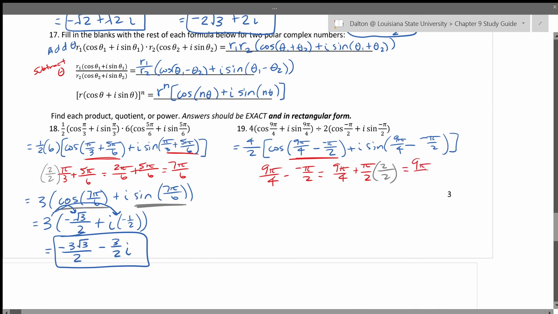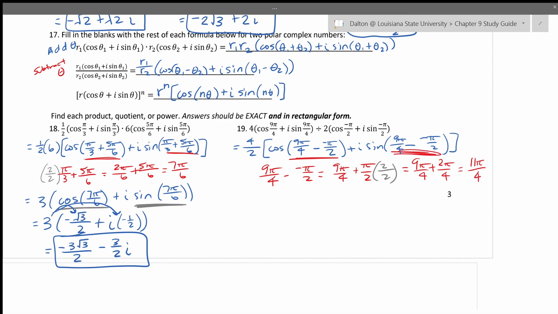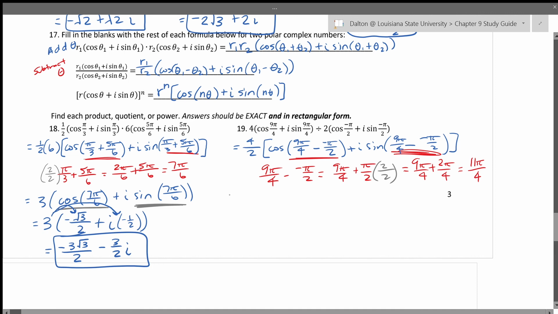That gives me 9 pi over 4 plus 2 pi over 4. And then 9 pi plus 2 pi is 11 pi over 4. So now I can rewrite my thetas being subtracted as just 11 pi over 4.